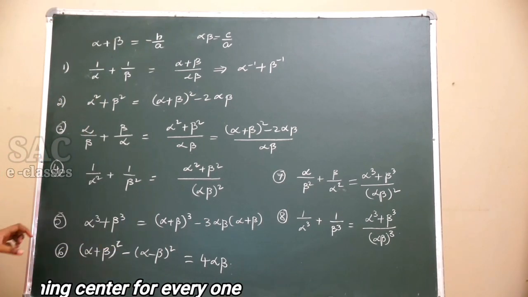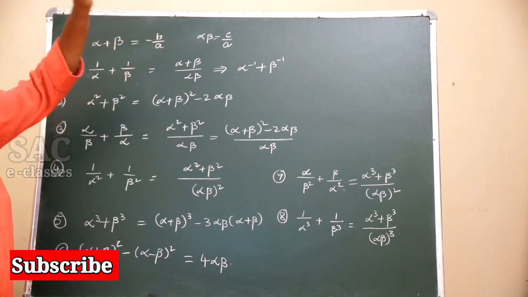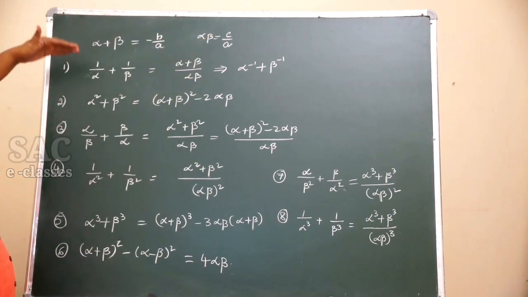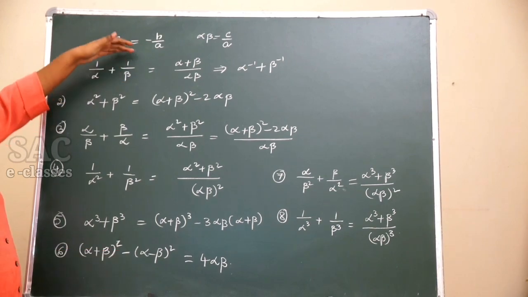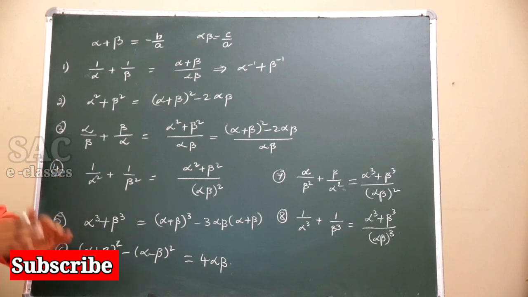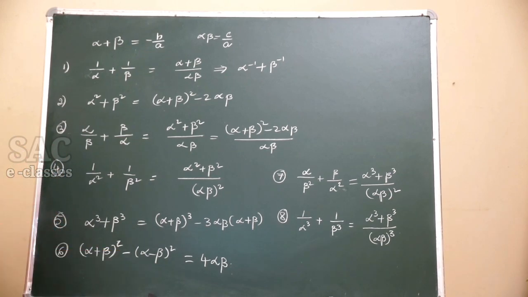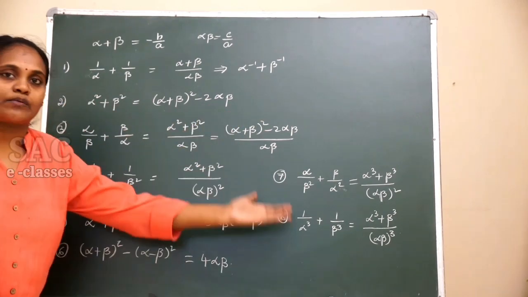Sometimes they may give you alpha and beta values or some equation. They may ask you to find 1 by alpha and 1 by beta. At that time, without actually finding the alpha and beta values, only with the help of the sum and product of the roots, we can solve these kinds of problems.